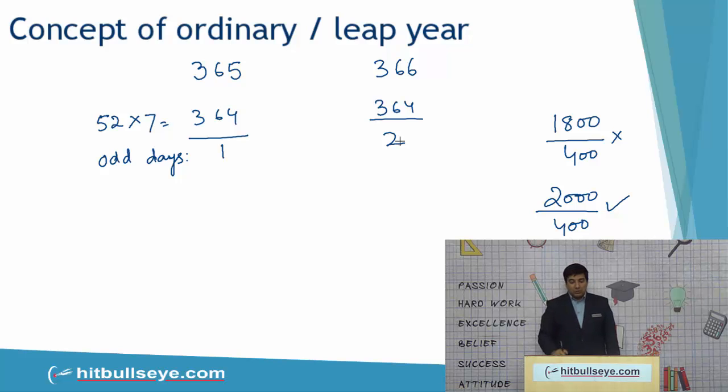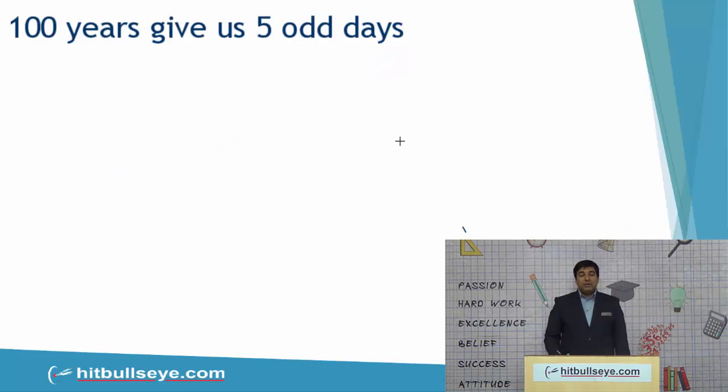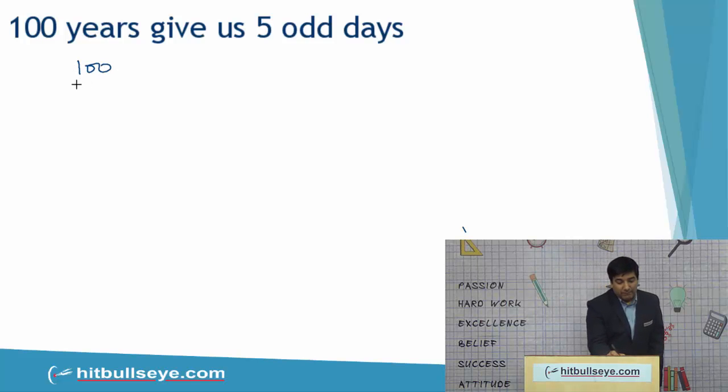Now, going to the next concept, a gap of 100 years or a century. In a century, since every fourth year has to be a leap year, it should have 100 divided by 4 equal to 25 leap years.